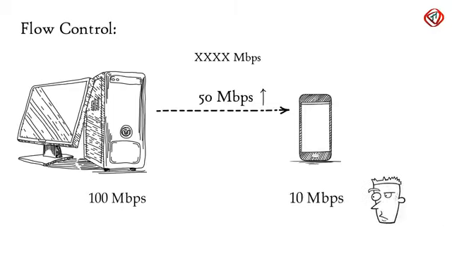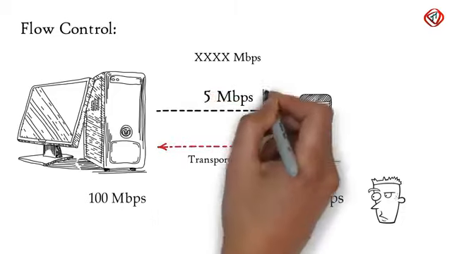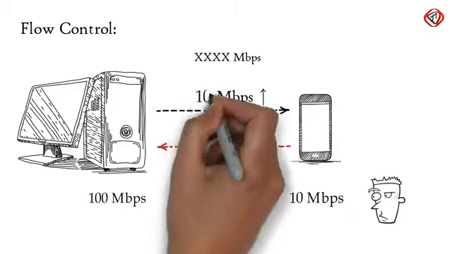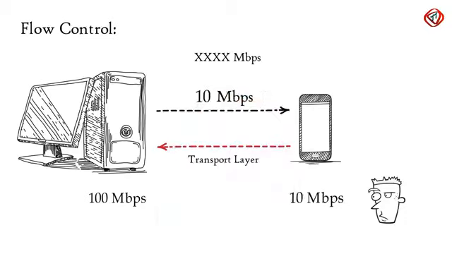So mobile phone with the help of transport layer can tell the server to slow down data transmission rate to 10 Mbps so that no data gets lost. Similarly, if server is sending data at 5 Mbps, mobile phone tells the server to increase data transmission rate to 10 Mbps to maintain system performance.